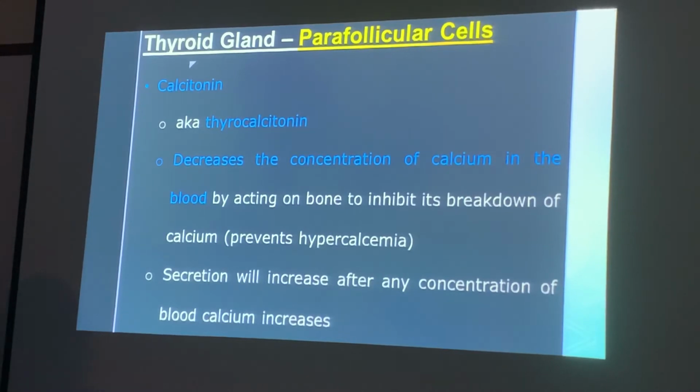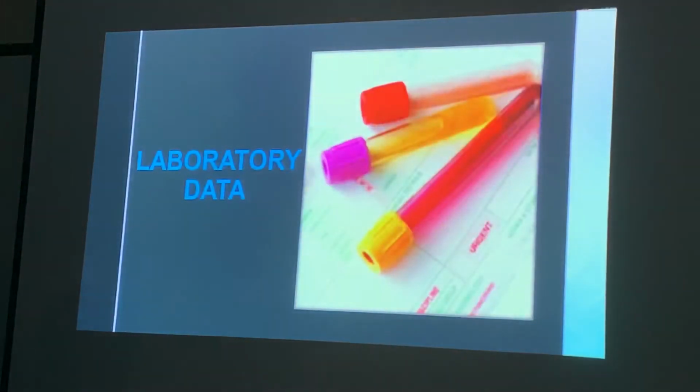If the bone is producing more calcium in the body, it's going to activate the thyroid to secrete calcitonin, so it can break down that calcium being secreted into the blood. And just the opposite: secretion will increase after any increase in the concentration of blood calcium. So those are the functions of our T3, T4, and our calcitonin.